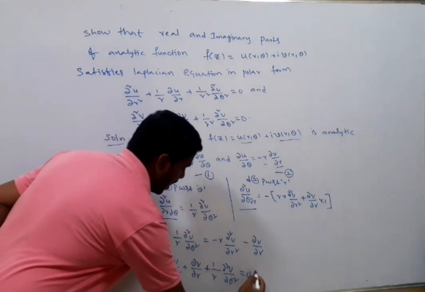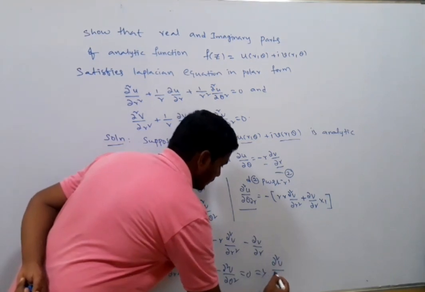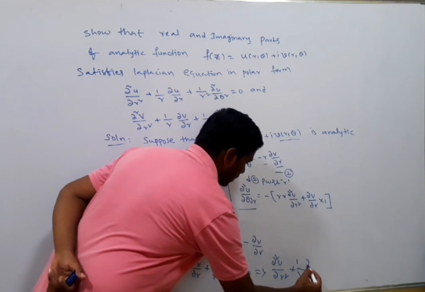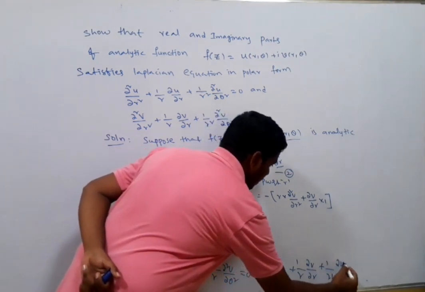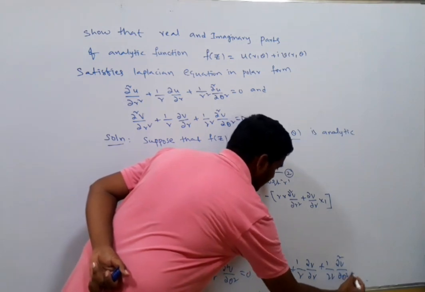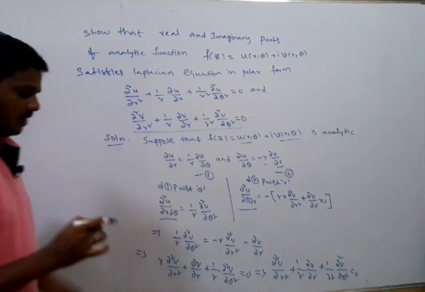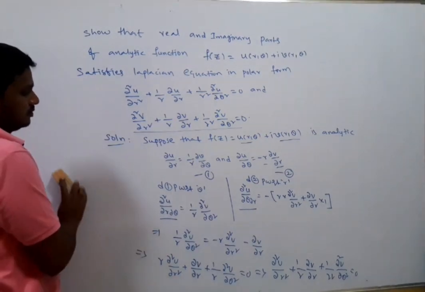Now dividing by r on both sides, you get dou square v by dou r square plus 1 by r dou v by dou r plus 1 by r square dou square v by dou theta square is equal to 0. This is the second equation. Now I am going to prove the first one.